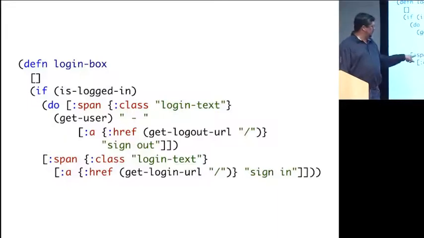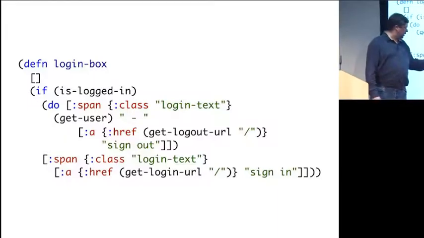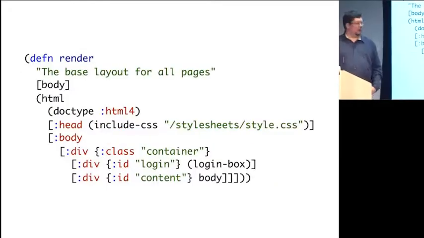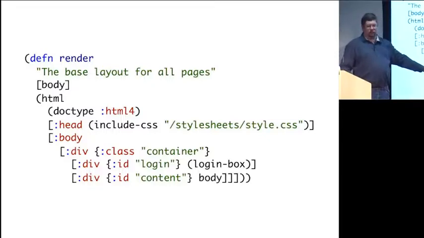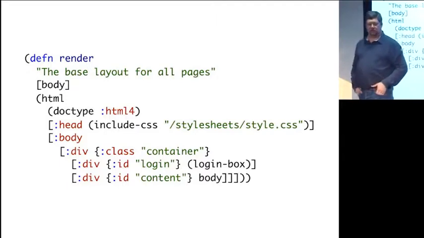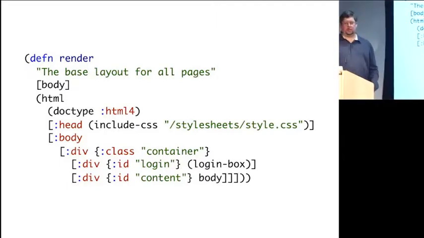If the user is not logged in, we have some login text here, and we give them a sign-in link. And then the render function takes a body, renders the layout of the HTML page, and calls login box to put the login at a particular position on every page. Simple enough.